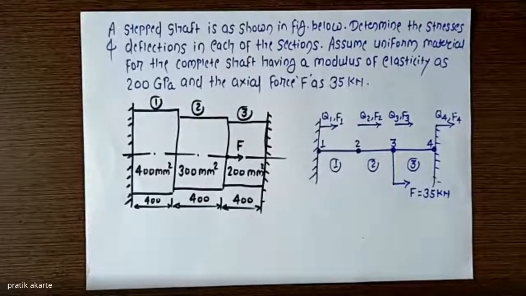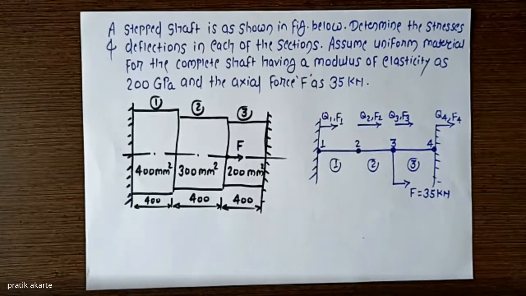As I mentioned in my previous session, here this shaft is fixed at both the ends. That means at node 1 and at node 4 we have no displacement. So we know something more than the previous problem that we have solved.